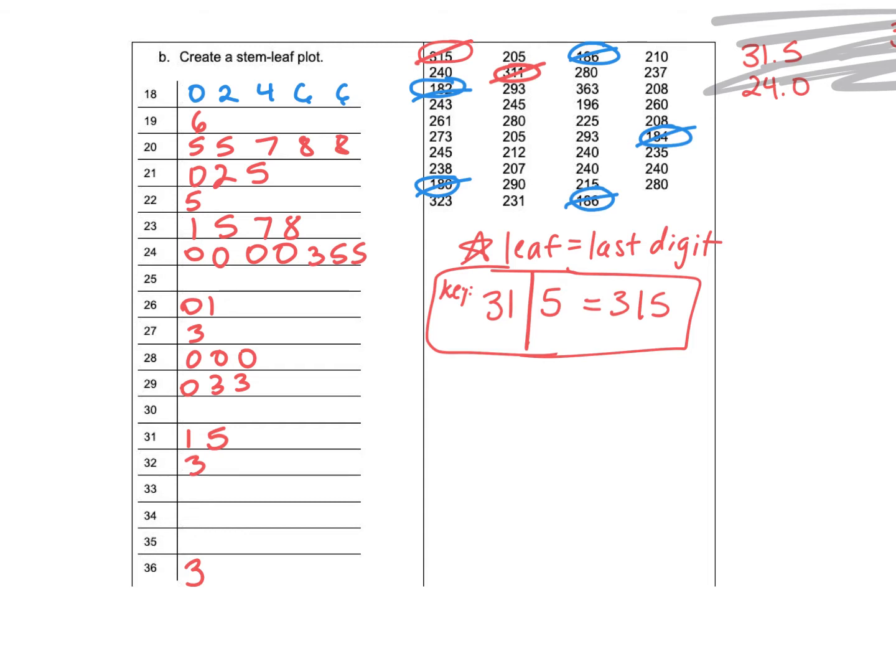Could you have done intervals of 50? Absolutely. Could you have done a different interval? Of course, it's totally up to you. Just make sure it's consistent all the way through, and make sure my lowest data point and my highest data point are included. So just make sure you do that.